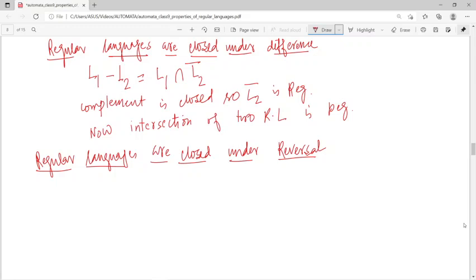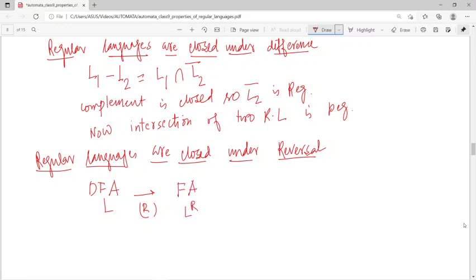We know that if we take a DFA or NFA or epsilon NFA and reverse the DFA, then the result will be either an NFA or epsilon NFA. That means if we take a regular language, we can make a DFA for that, and if we reverse it, then we will see that it is a finite automaton, and that is the reverse language.